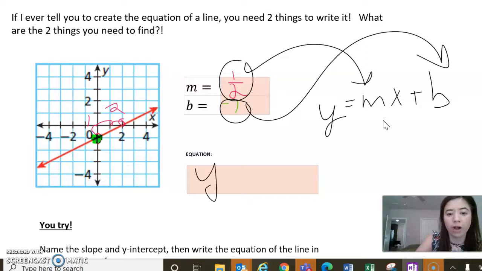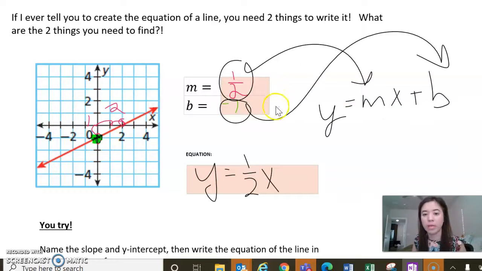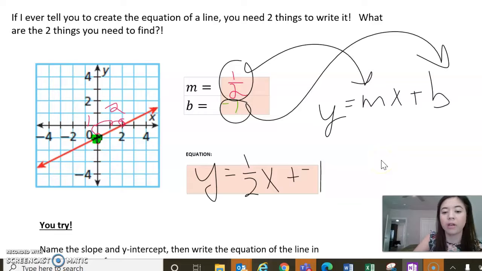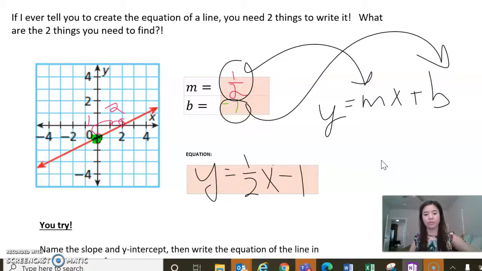So we're going to have y equals 1/2 x and then plus b. So you could either write this as plus, remember b is a -1, or you could write it just as -1. And there you have it, the equation of your line. So again, two things we need: slope, y-intercept, and then plug them in where they go.